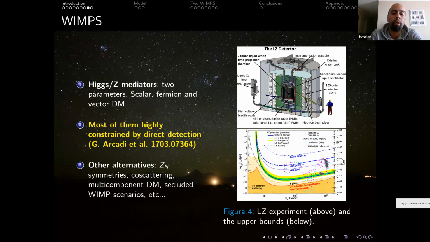You can go with ideas in which the decoupling proceeds in a different way, even when they are thermal, so that they can evade the strong bounds from direct detection, for instance, or also multi-component dark matter or secluded WIMP scenarios.